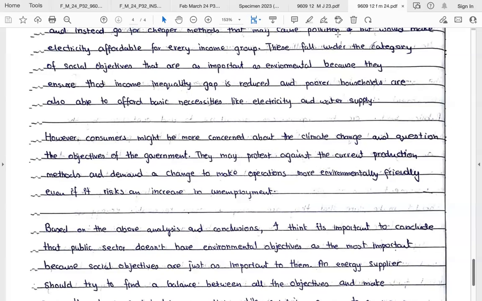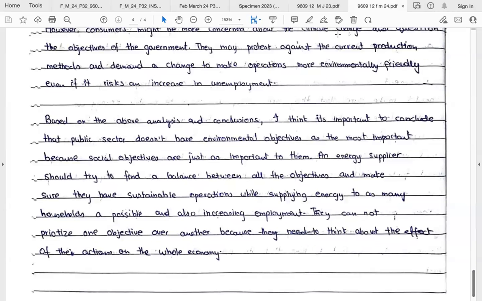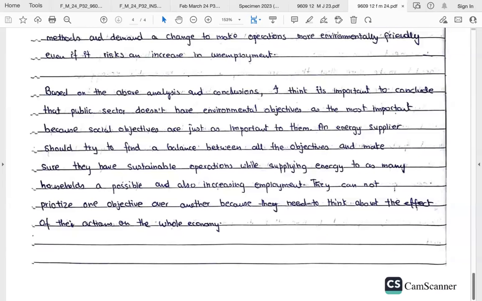They may protest against the current production methods and demand changes to make the operations more environment friendly. Based on the above analysis and conclusion, I think that it's important to conclude that the public sector does not have environmental objectives as the most important, because the social objectives are just as important to them.